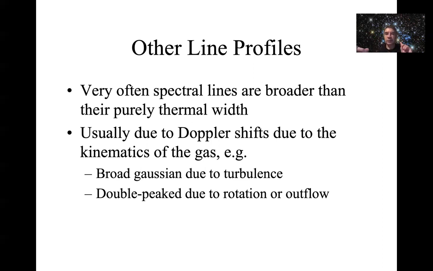So you get a red shift and a blue shift. Or you might have an outflow like in a jet. Okay, so you've got one side of the jet flowing towards you and the other side of the jet flowing away from you. And so if you can pick up emission lines from your jet, then you'll see a red shifted and a blue shifted peak.